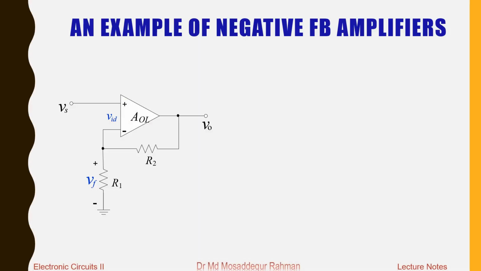So now we'll see an example of negative feedback in amplifier circuits. Of course, there are many examples, but here we pick one that we are all very familiar with and also very easy to understand.